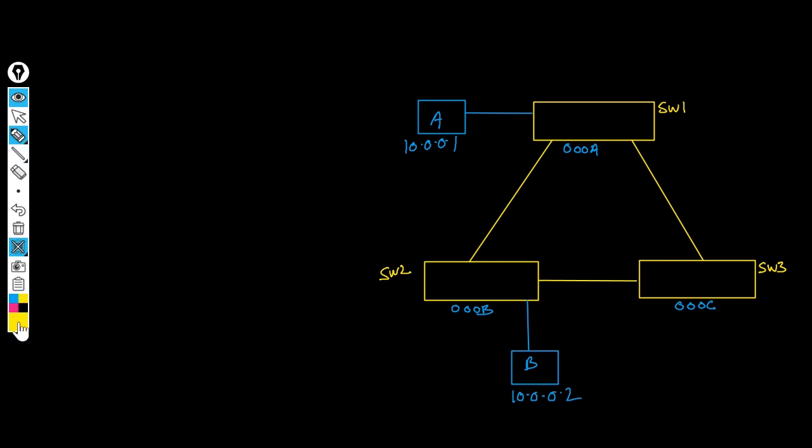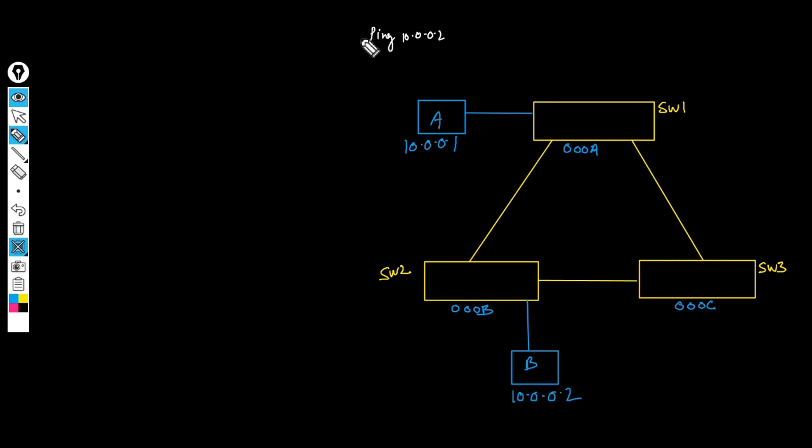Now let's see how exactly the communication takes place here. First of all, let's say your PC A wants to communicate with PC B. So go to PC A and give ping 10.0.0.2.